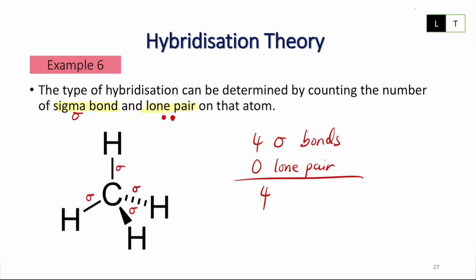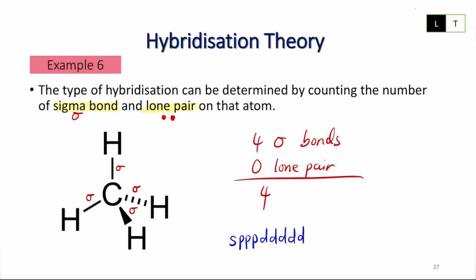So, bila 4, ingat, S orbital kita hanya ada satu saja shape. P orbital kita ada PX, PY, PZ. Sebab tu saya letak 3. And D orbital kita ada 5 shape. So, 5D. Kenapa saya buat this one? Because we want to determine the type of hybridization due to number 4 here.